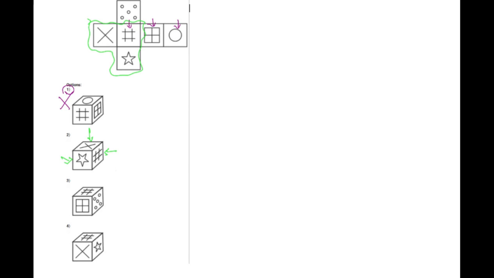And we can easily notice that if we have this X mark at the top, we will have this one at the right, and at the left of it is the star, so this one can be made from this 2D one. That one was very easy. I hope you noticed it with me.